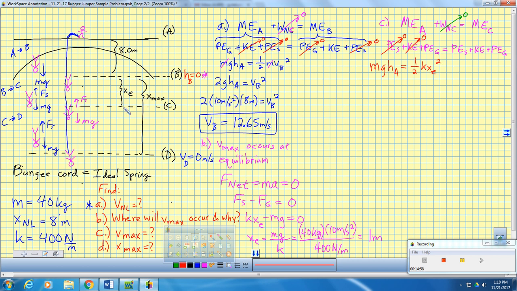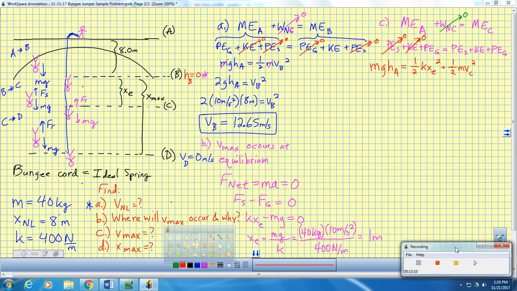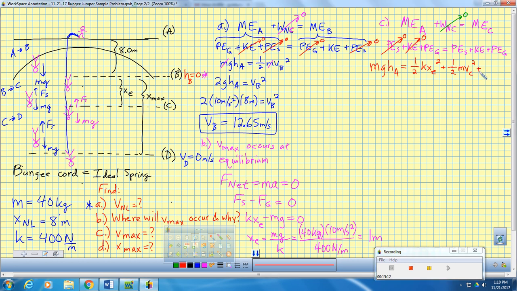I have kinetic energy of 1/2 m velocity at C squared, and that's our maximum speed. And this is the kicker, I also have gravitational potential energy of m times g times the height at C. Okay, we're ready to start plugging in some numbers.